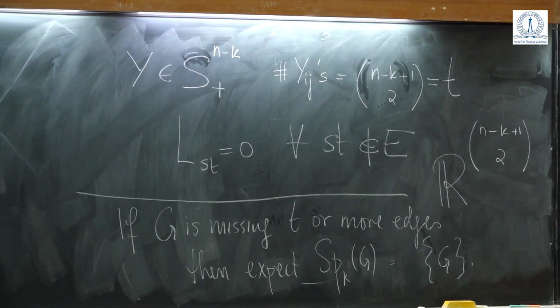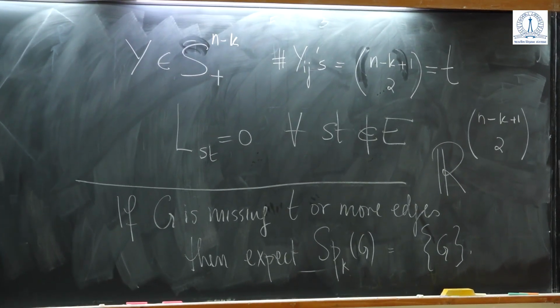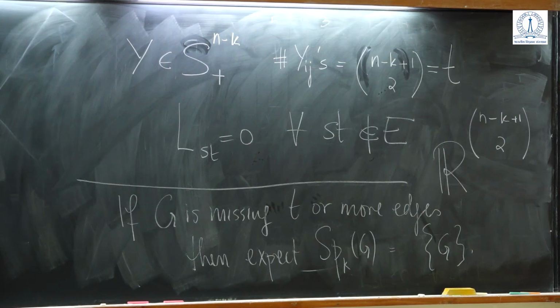But this is an expectation because it depends on whether your equations were dependent or not, and there are counterexamples in both directions. You have graphs with too many missing edges that will still sparsify, and there are graphs without so many missing edges that won't sparsify. But if you run this algorithm on a random graph, you'll get exactly this threshold.